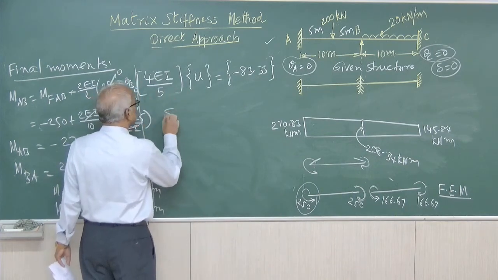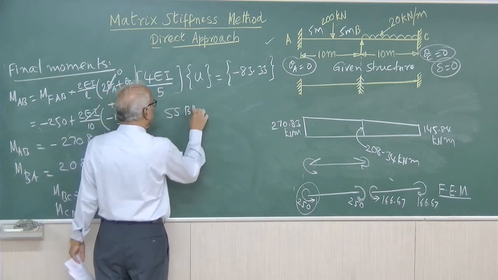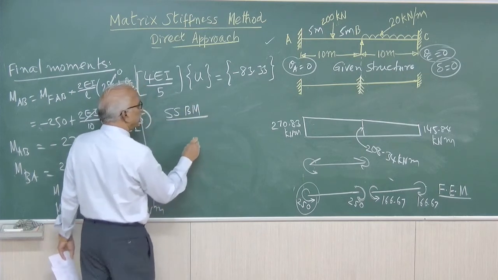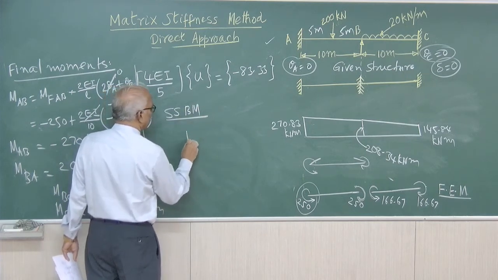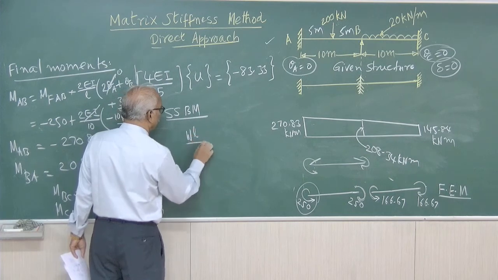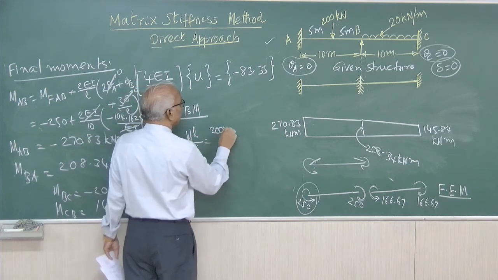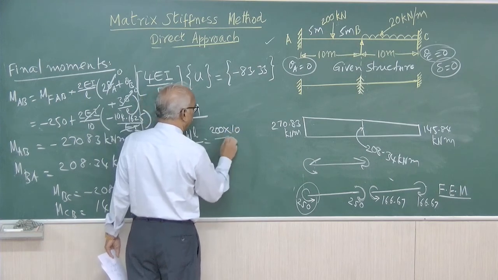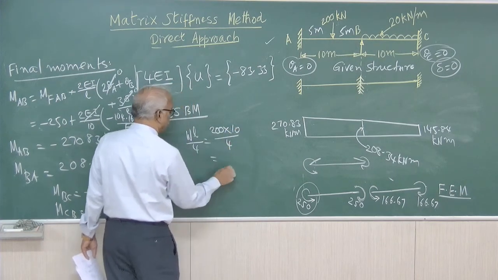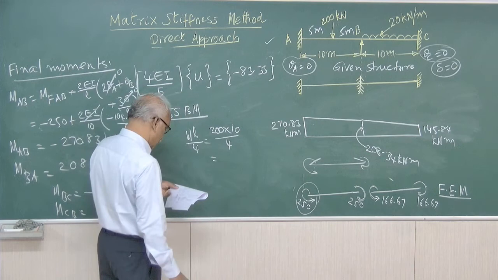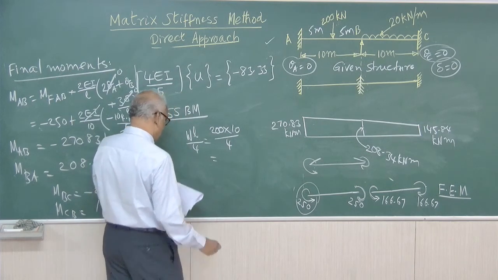Coming to the simply supported bending moment, for AB it is central load. So MuAB equal to WL by 4. So W is 200, L is 10, by 4 equal to 500 kilonewton meter.